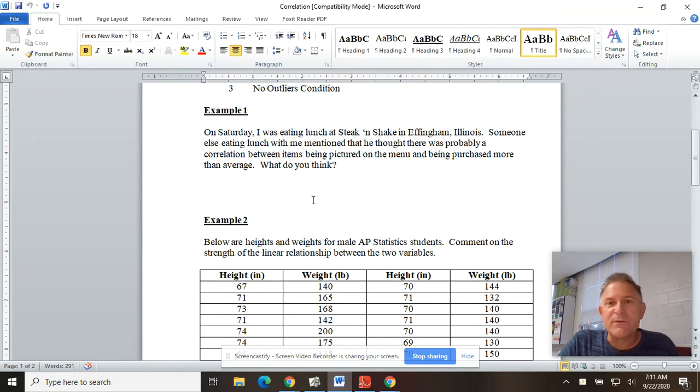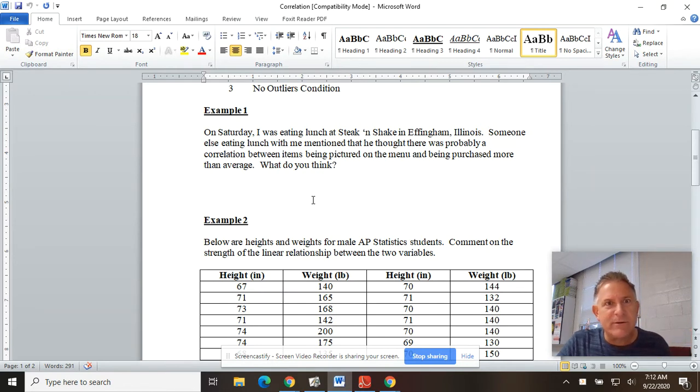Well, first of all, do you believe on average people buy items that are pictured on a menu more than those that aren't? Probably the answer is yes, they do. I wonder if being pictured on the menu causes them to be bought more often, or if being bought more often causes Steak and Shake to picture them on the menu.